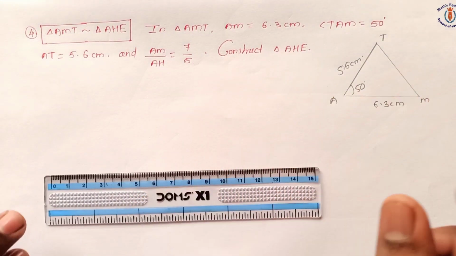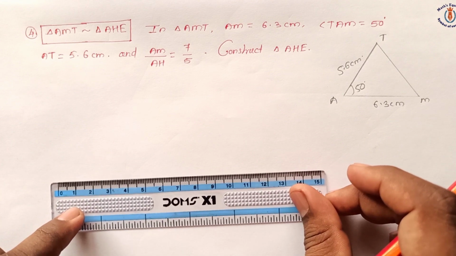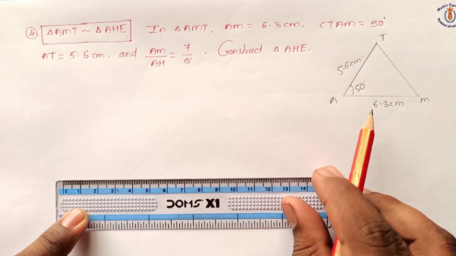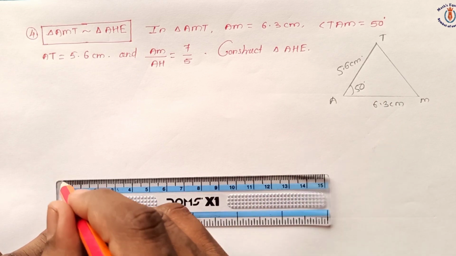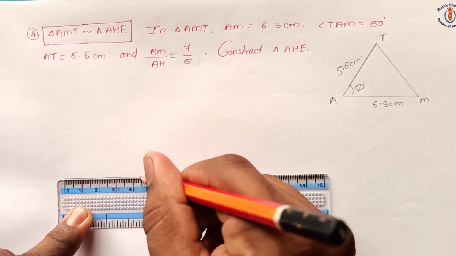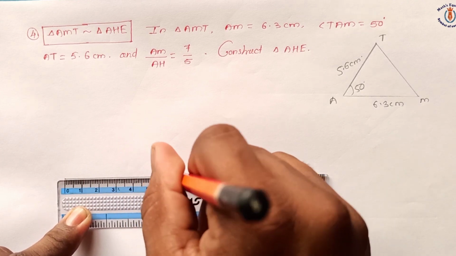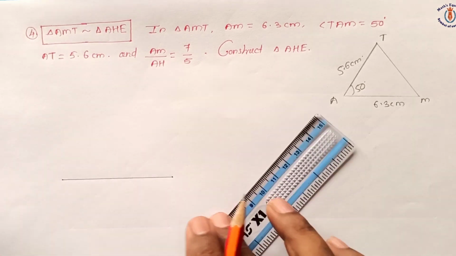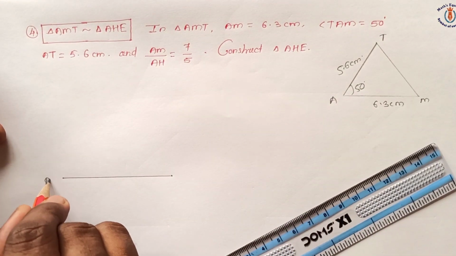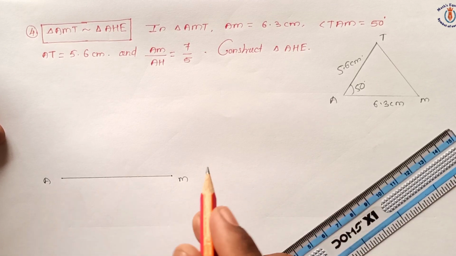Here we are going to take AM which is 6.3 centimeter. So this is the 0 here. You can rotate the pencil over here. So 6.3 like this, up to here. So this is the segment AM. We will write 6.3 later on.